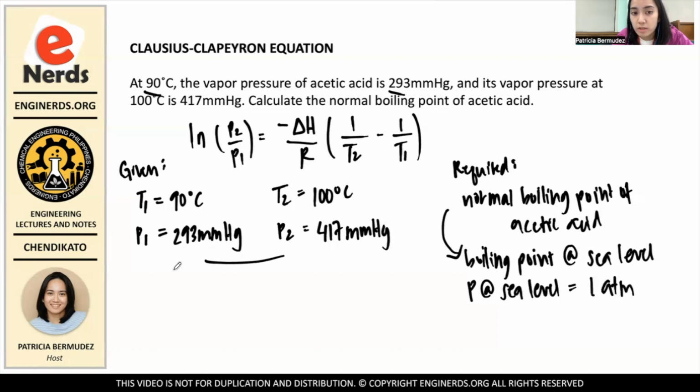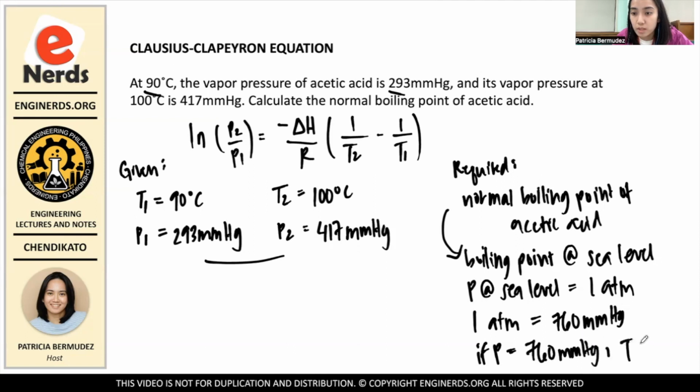But since all of these pressure values here are in millimeter mercury, we have to convert 1 atmosphere to millimeter mercury as well. So we know that 1 atm is equivalent to 760 millimeter mercury. So the question is asking, what is T if P is equal to 760 millimeter mercury? What is T? So that is what the question is asking for.